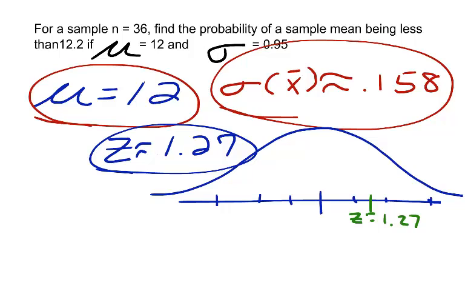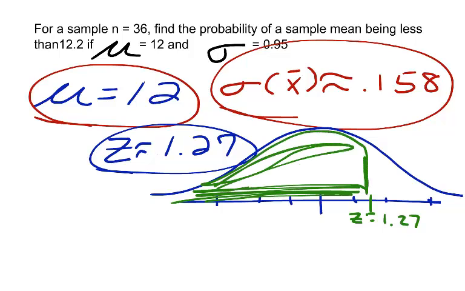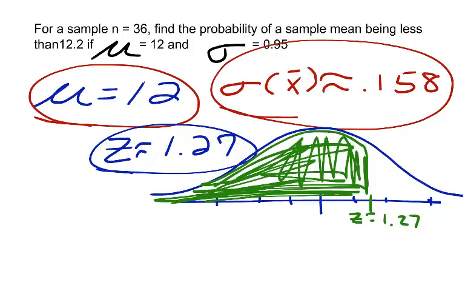So z equals 1.27, and we're looking for the probability of a sample mean being less than this. In other words, what percentage of our graph falls below z equals 1.27.